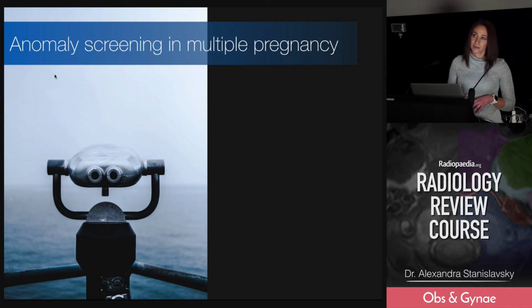You can still offer NIPT, and a recent meta-analysis in the UOG journal demonstrates that NIPT is as accurate for screening of trisomy 21 in twins as it is in singletons. And of course, you still screen for structural anomalies, which is what we focus on.